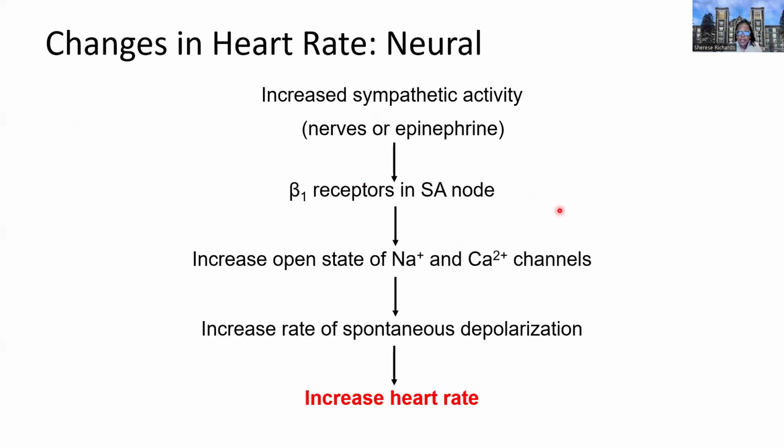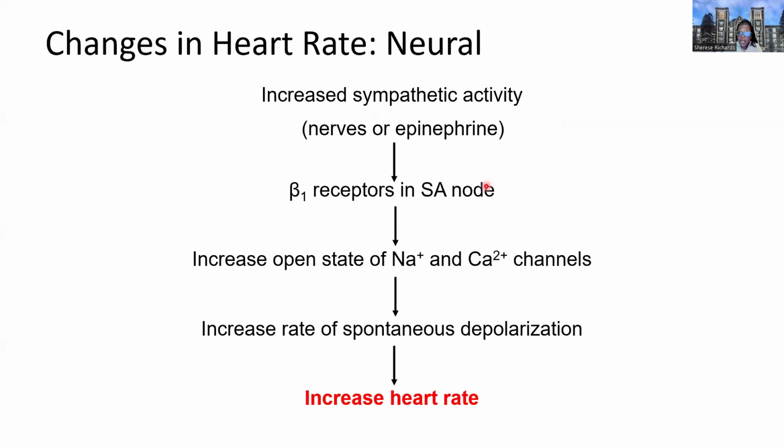Now, the way that happens is a series of events, starting with the nervous system, starting with the sympathetic activity by way of neurotransmitter or hormone, right? Remember, this can be both with a sympathetic system. It's going to bind to beta-1 receptors, which are the specific type of adrenergic receptors found on the heart.